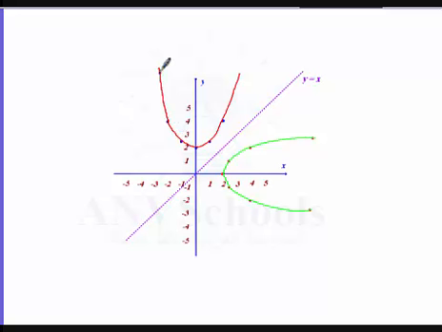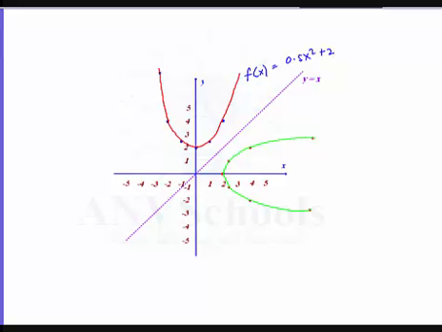So as you can see in the graph here, they are a reflection. Our first one, y is equal to this one here, is our f of x, which is equal to 0.5 x squared plus 2.